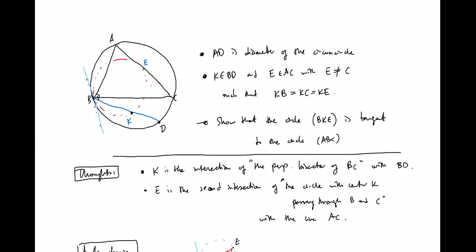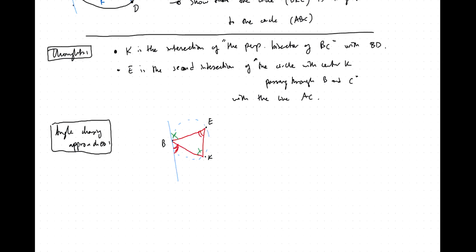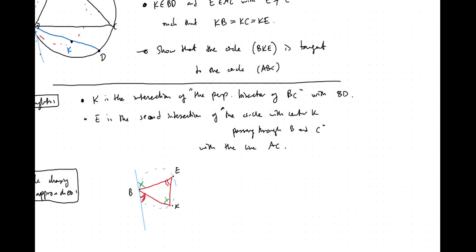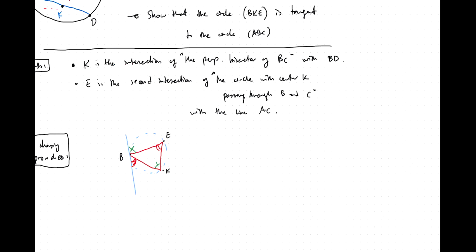So here your goal is to save yourself from the point E when you write this angle. For this, let's extract the part of the figure which defines E. Namely, E is on the circle with center K and passing through the points.